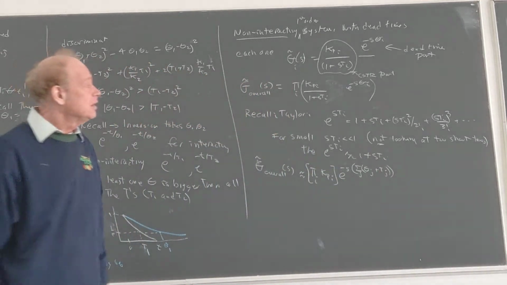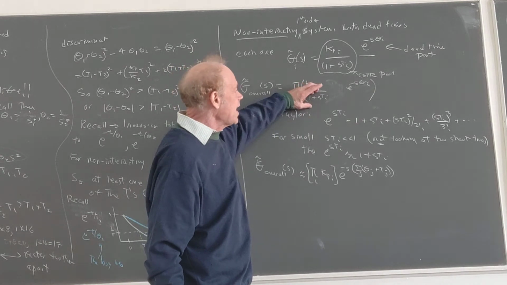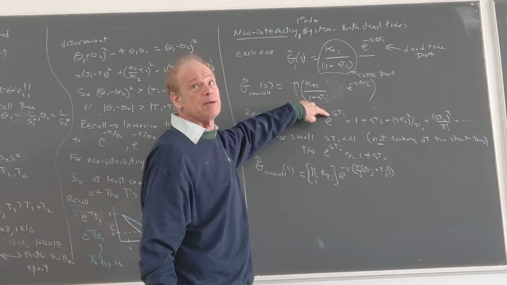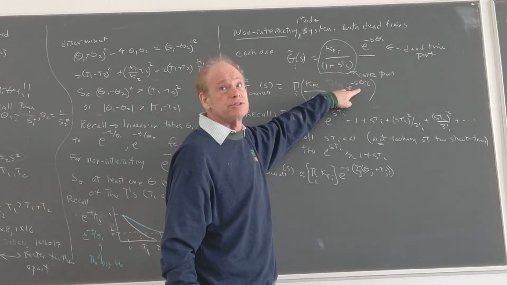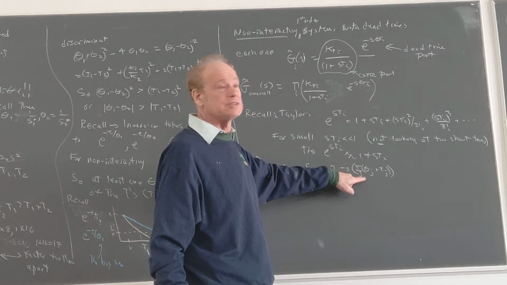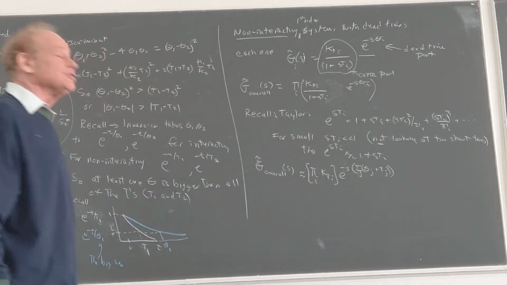How did I get that? Each one of these looks like an exponential in the denominator. I can move the exponential to the numerator by putting a minus sign. And if I take the product of exponentials, I get e to the sum of the exponents. And here's the sum of the exponents. And I separated out the K part from the exponential part.